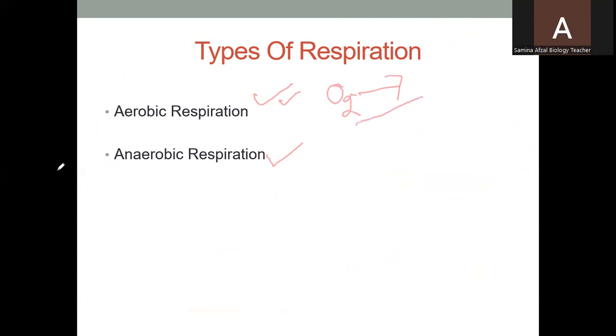At that time, we say that this is aerobic respiration. When oxygen is not present, but organisms still respire, that is called anaerobic respiration, without oxygen and with oxygen. So these are the two types of respiration.